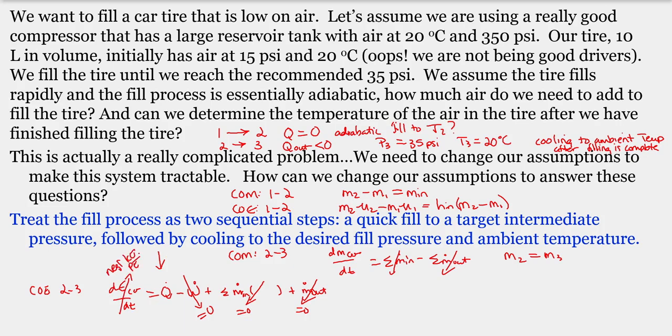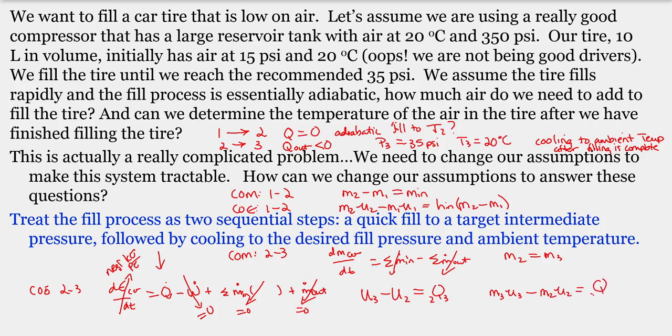So from 2 to 3, the governing expression is that the difference in internal energy from the final state to the initial state has to be balanced by the heat transfer from state 2 to 3. More specifically, the internal energy at state 3 is a product of the mass and the specific internal energy.